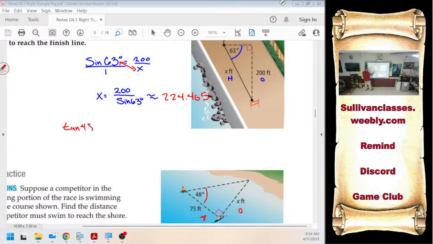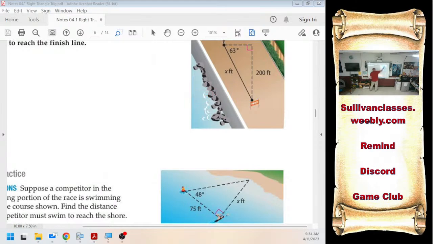Tangent of 48 degrees is opposite over adjacent. Cross multiply, solve, 75 tangent of 48, or about how much? 83.2. Okay. So, those are nice simple problems.